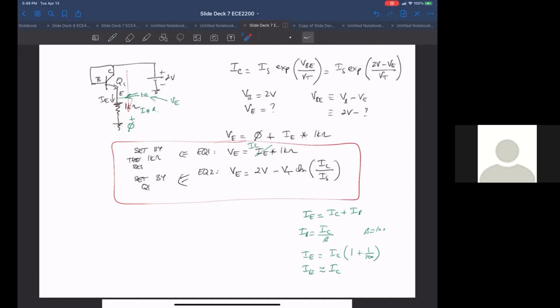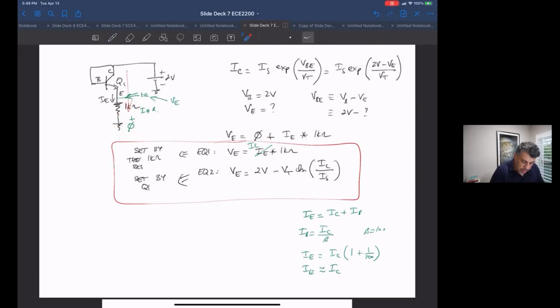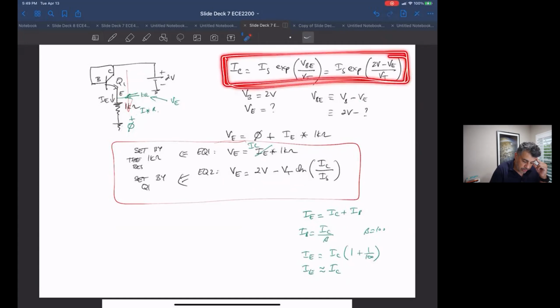And then I noticed you crossed out I sub E to get I sub C. Yeah. Well, okay. The reason is, I want to create a situation where I have two equations and two unknowns, right? So this is the emitter current, and this is the equation for the collector current, right?